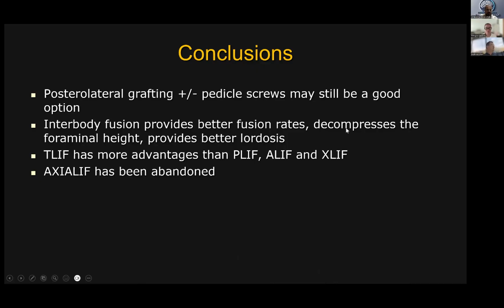Interbody fusion provides better fusion rates, decompresses the foraminal height, and provides better lordosis. TLIF has more advantages than PLIF, ALIF, and XLIF, and axial lift has been abandoned in the literature.